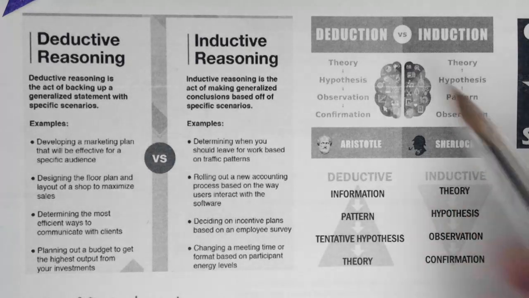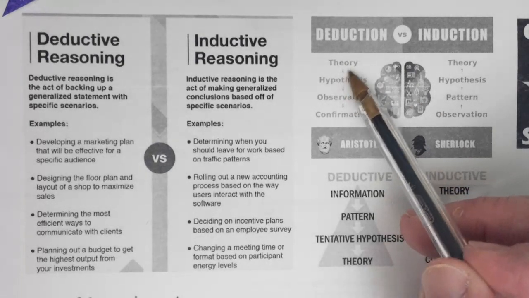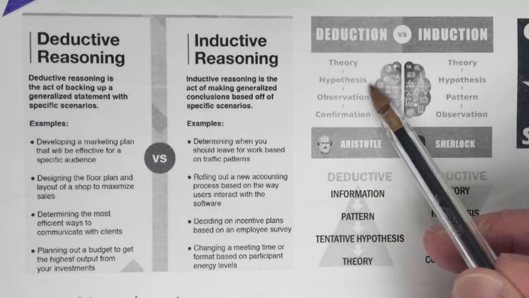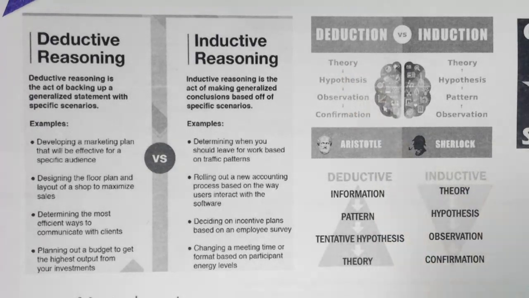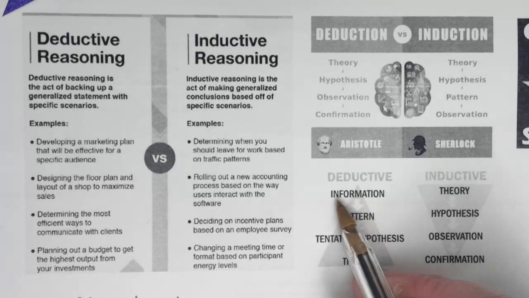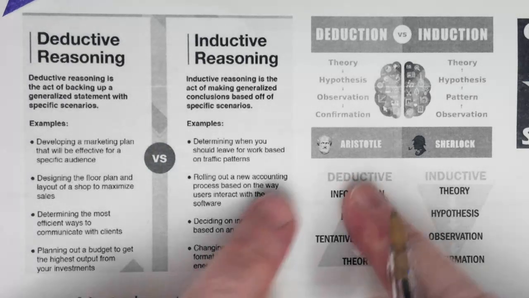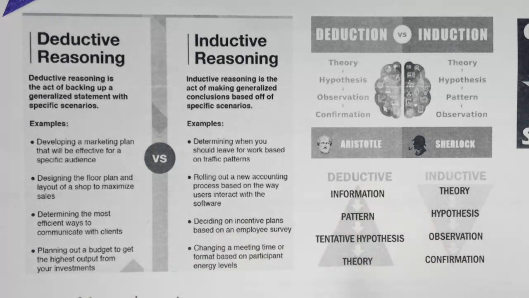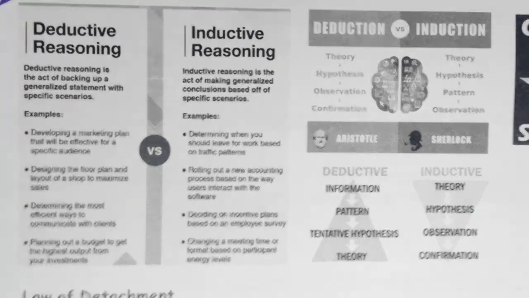With deductive, you have a theory, hypothesis, observation, and then you make a confirmation.